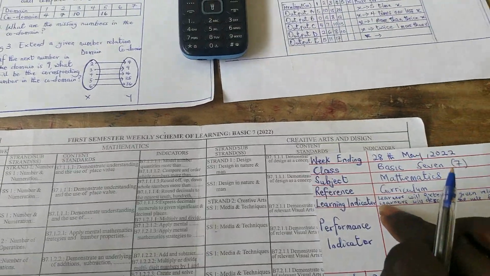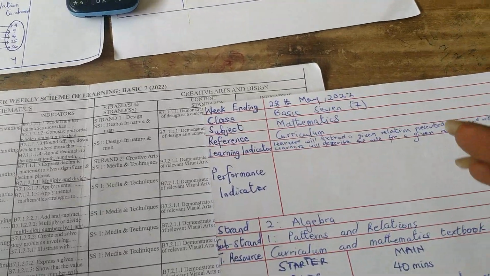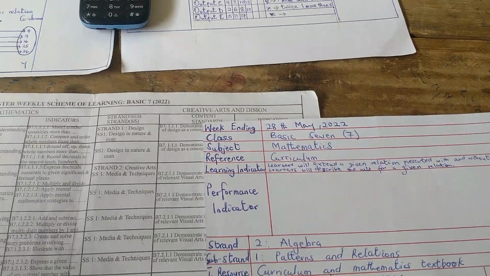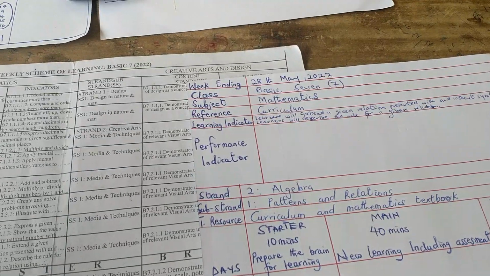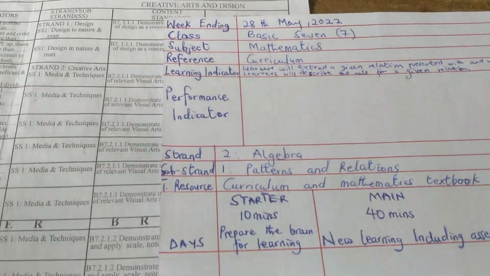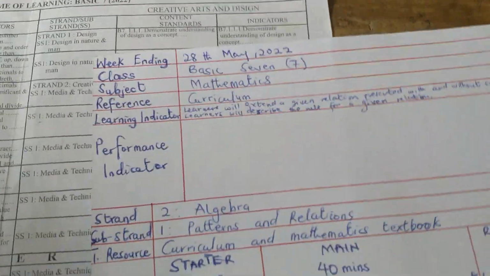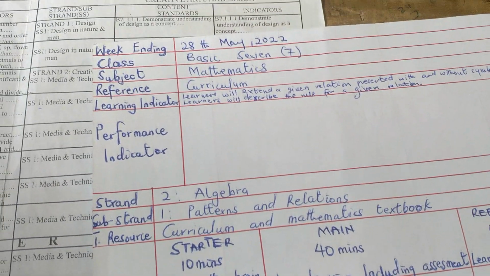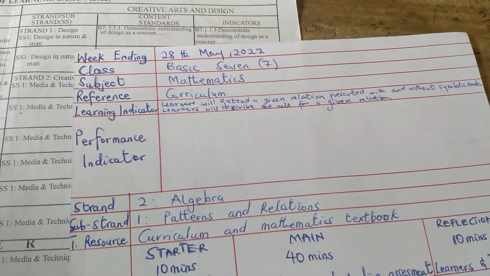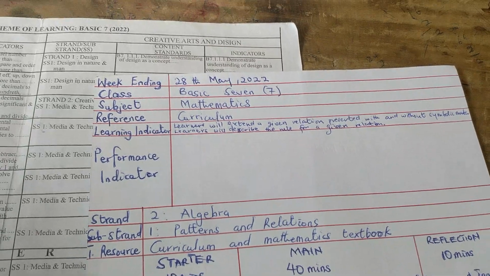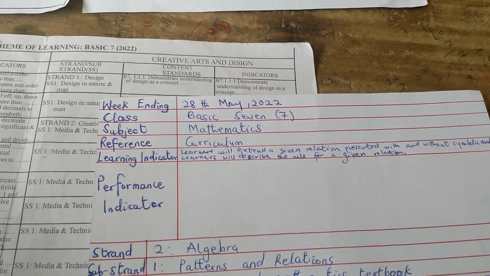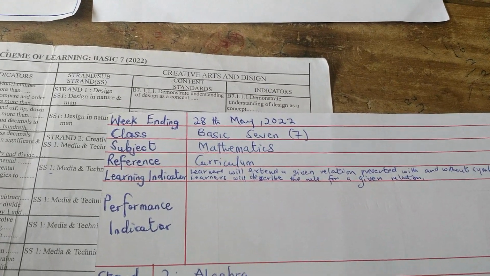So you start by writing learners will extend. That is what the learning indicator actually is. Then after the learning indicator, you have the performance indicator. What the performance indicator is asking us is, after teaching the kids what you are coming to teach them, what can they do?